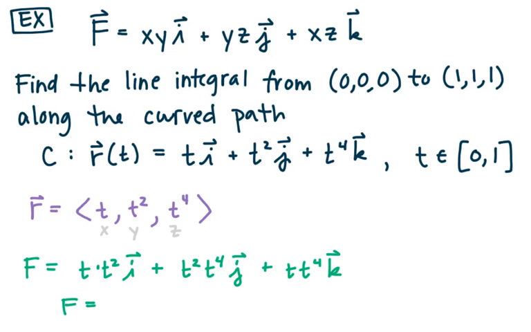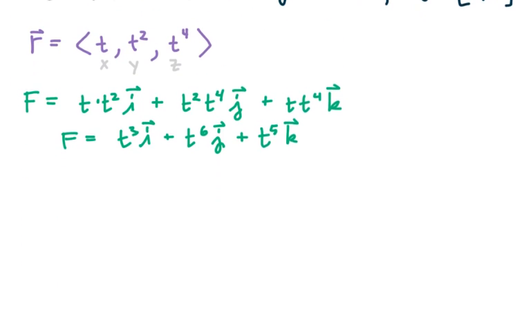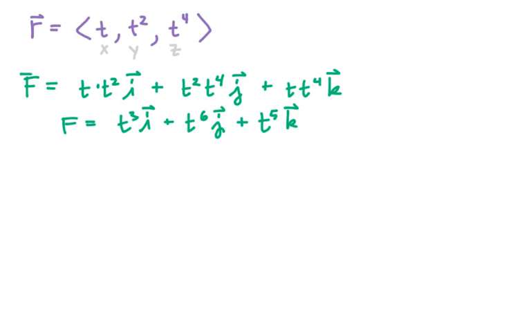Or rather, F equals t cubed i plus t to the sixth j plus t to the fifth k. And we can rewrite that using our shorthand notation. I think it's a little less confusing when we're thinking about a dot product to have it in that manner.